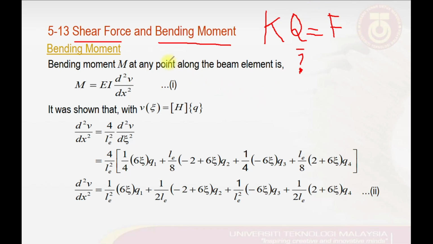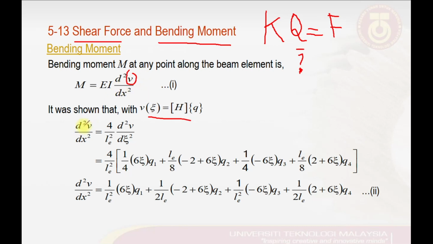The bending moment, represented by M at any point along the beam element, is given by equation number 1, which is M equal to EI multiplied by the second derivative of v over x, where v is the deformation field and is given by H multiplied by Q, as we have done in the previous meetings.